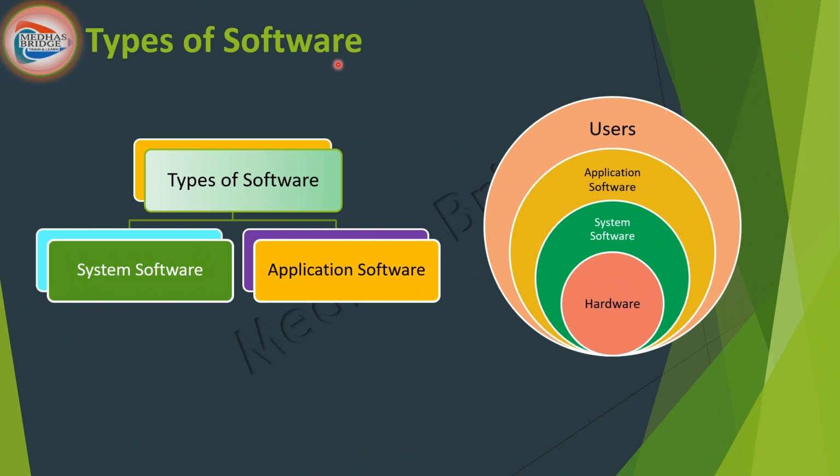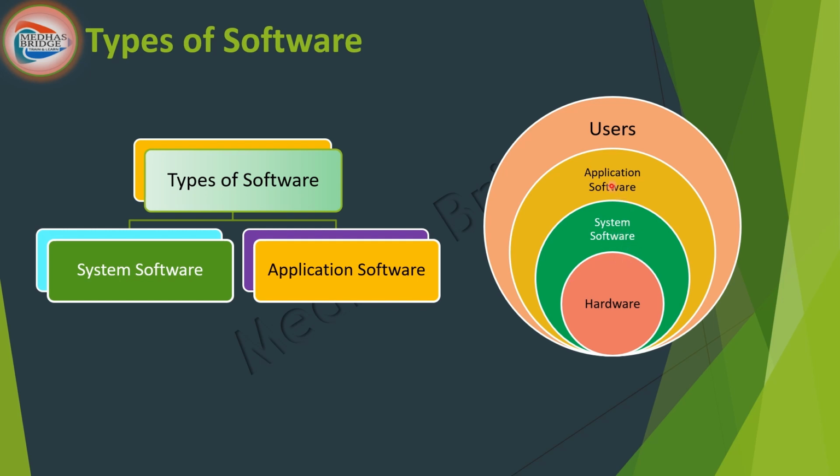Types of software. Software is primarily divided into two types, system software and application software. Let's look at this diagram. The system software is very near to hardware, which runs directly on hardware, and application software runs on top of the system software.